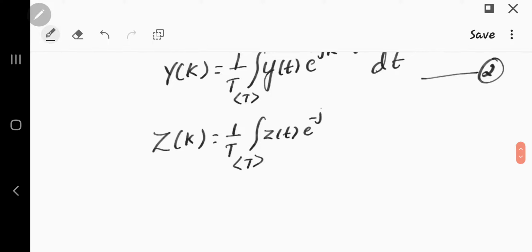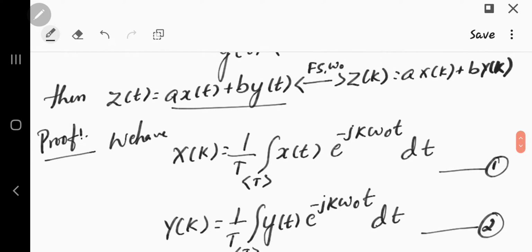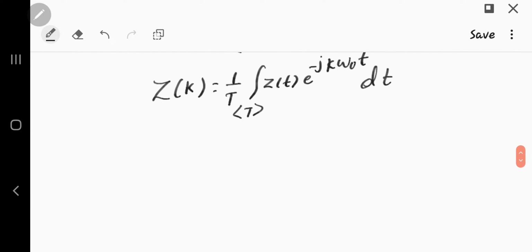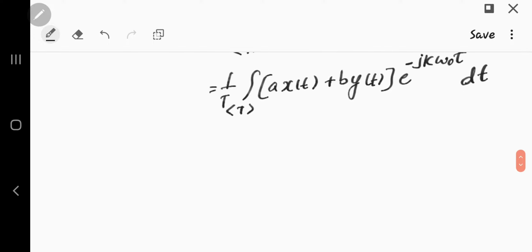Integral of z of t e power minus j k omega naught t dt. Now what is z of t? z of t is a x of t plus b y of t. So let's substitute here: integral of a x of t plus b y of t times e power minus j k omega naught t dt.